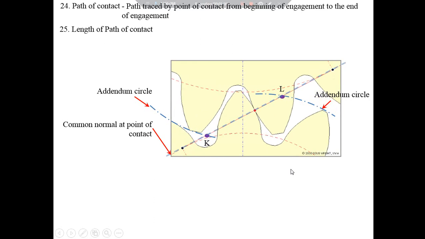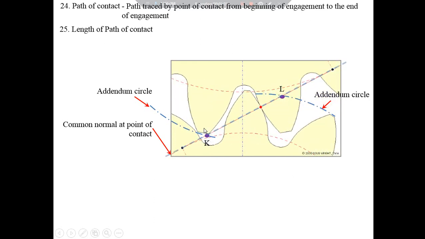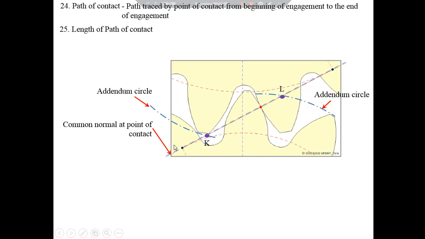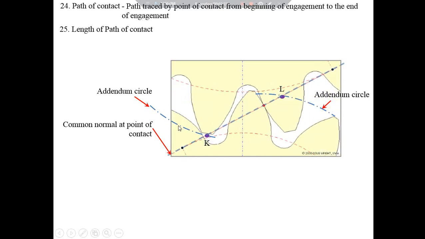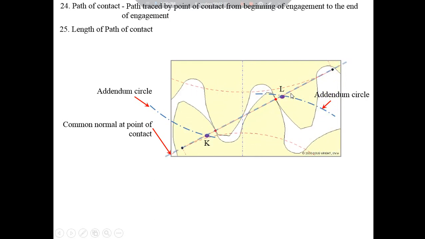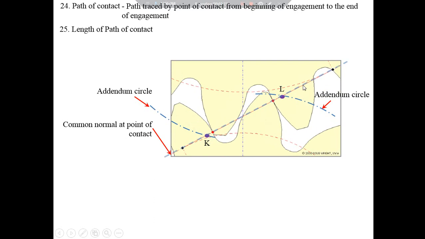Once again, if we look closely, we will find beginning of engagement is the point where common normal drawn at the point of contact is cut by the addendum circle of this gear, and end of engagement is that point where the same common normal is cut by addendum circle of this gear.